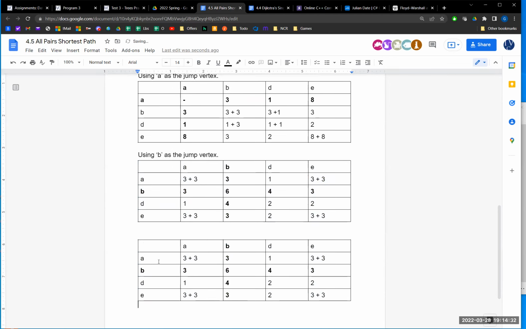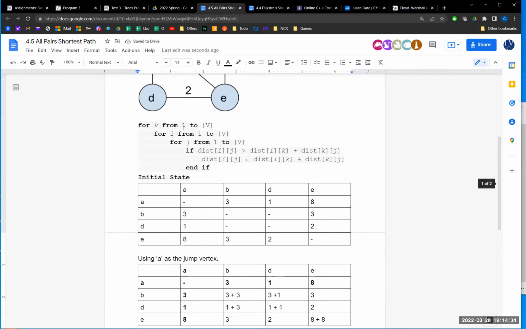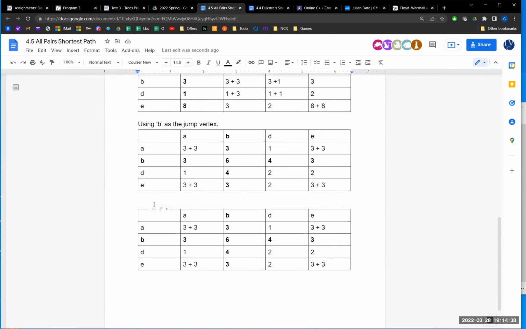And the party keeps on continuing. Our outer loop now goes to 3, as it were, using D as the jump vertex. And we'll replace these with their collapsed versions.